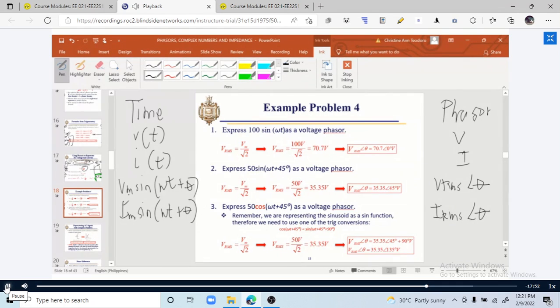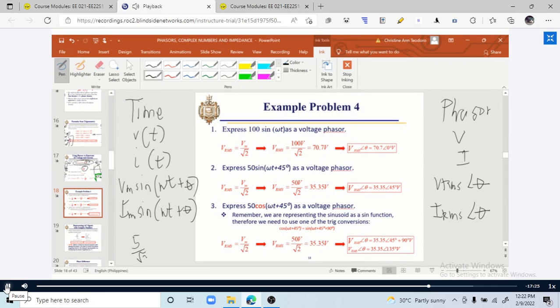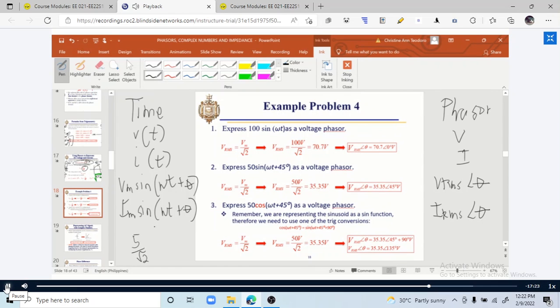On the first start of your process, you divide 5 by square root of 2. What is 5 divided by square root of 2?